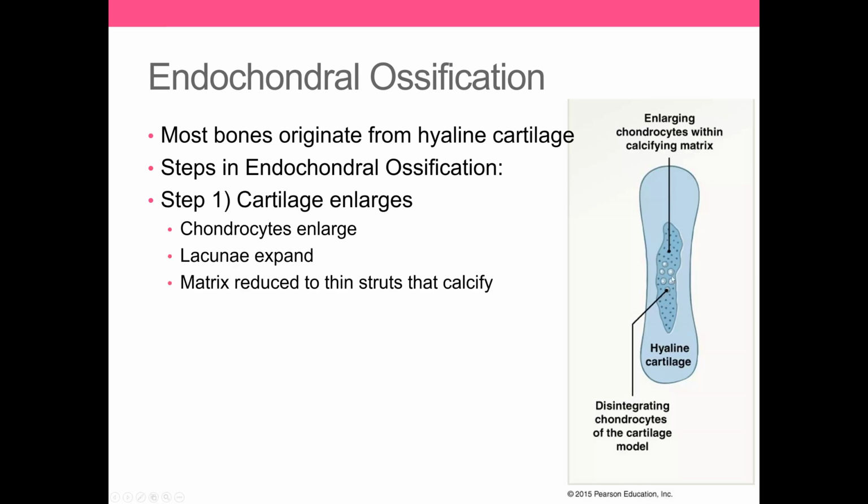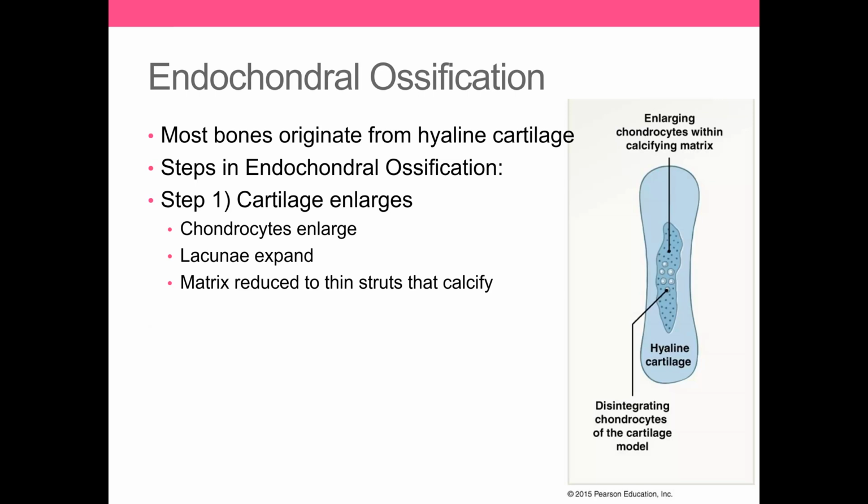Then because the lacunae and the chondrocytes are getting larger, the matrix, which is the fibers and fluid between them, gets pushed away and reduced to very thin struts. And then these thin struts are going to start to calcify. And remember, calcification is when you have the deposit of calcium salts around collagen fibers.